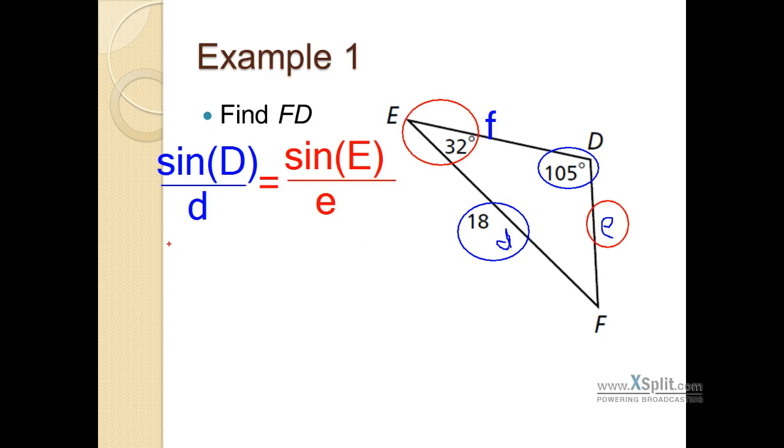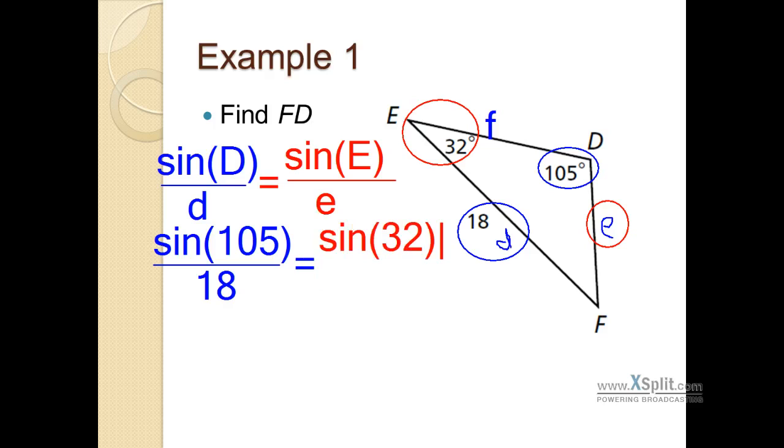Plugging those values in now, we could say that's sine of 105 degrees over 18, I'm getting those from angle D and side d, is equal to sine of 32 degrees over side e. We don't know what side e is yet, but we can solve for that.